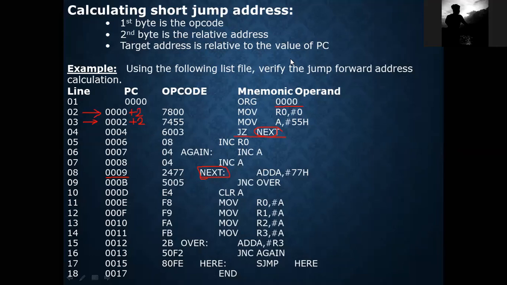I'm again repeating my question, then you give your answer. What will be the content of the program counter while executing this particular instruction JZ next? Okay. Now you can answer.